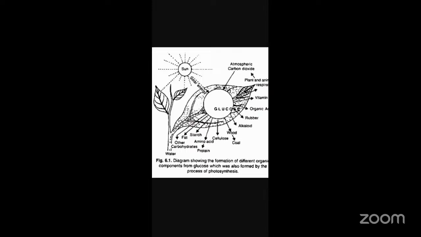About 17 to 80 billion tons of carbon dioxide are fixed annually by the terrestrial and aquatic autotrophs. It produces around 1700 million tons of dry organic matter. Out of this, 10 percent of dry matter is produced by land plants and the rest by the ocean. This is according to Rabinowitch.